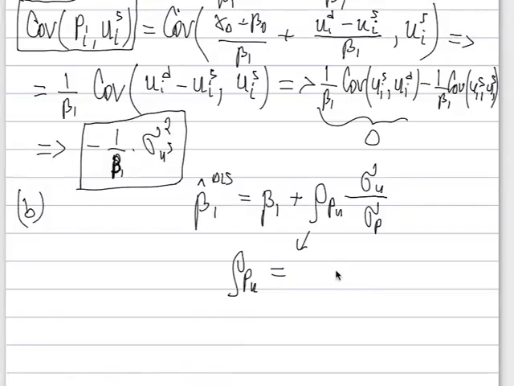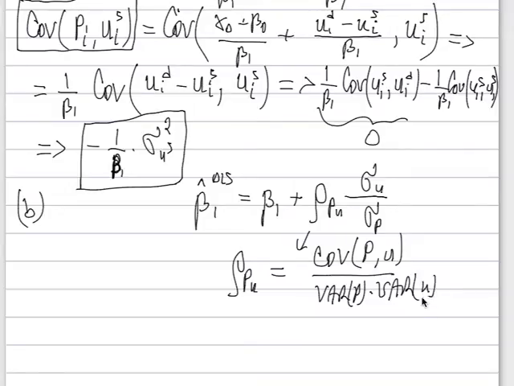Guys, what's the formula for correlation between P and U? Covariance of P and U, over the variance of P. Exactly. What's known to us is this part here. We know what this is, yeah? It's minus 1 over beta 1. It's this thing, basically, that we calculated before.